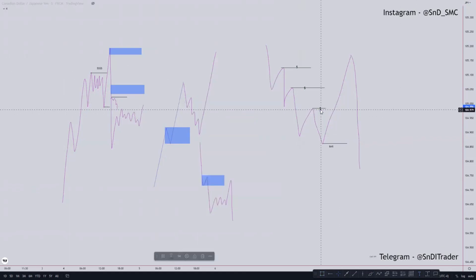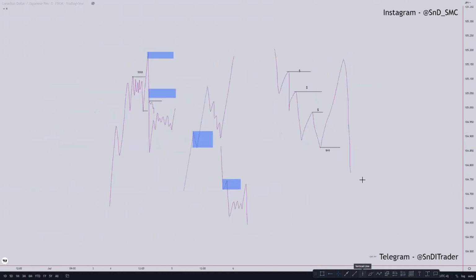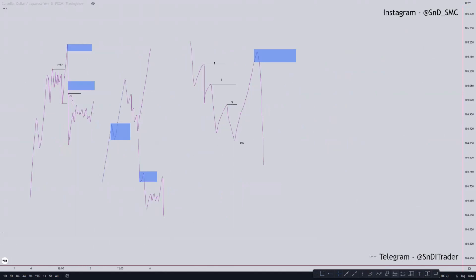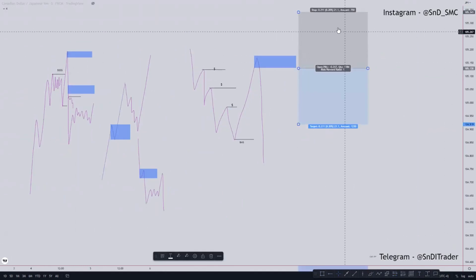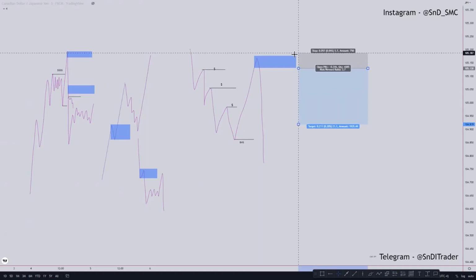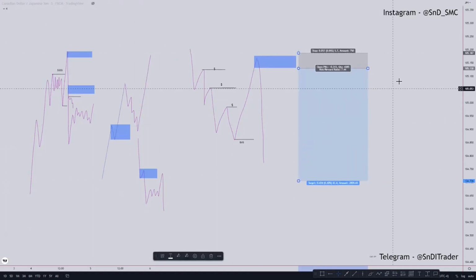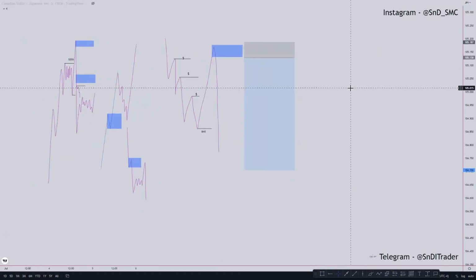And after taking out all those liquidity, this has given a nice breaking market structure towards the downside. So this last high can be considered as a good sell zone. So market can probably come here and drop from this zone. That is how we look for the strong high, strong low as well.